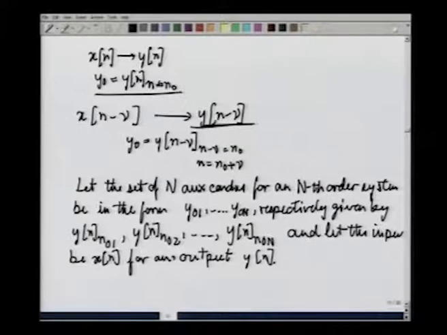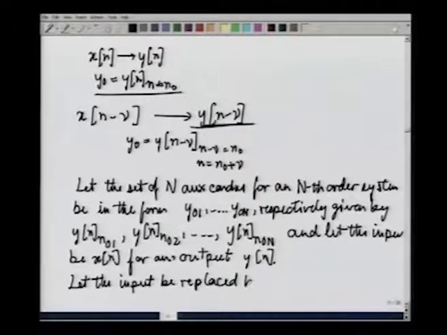Now, let the input be replaced by x n minus nu.